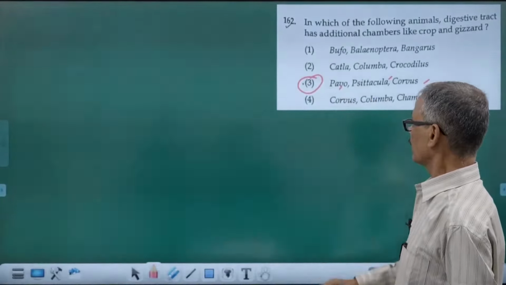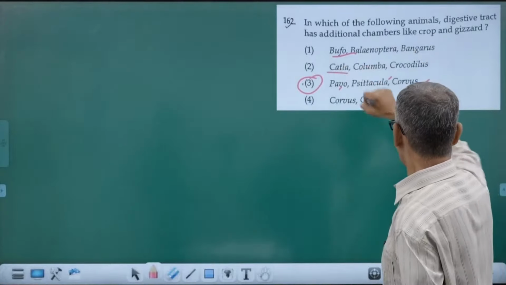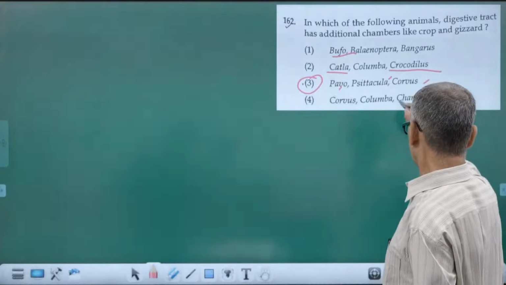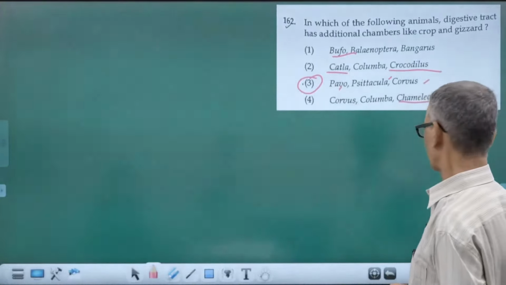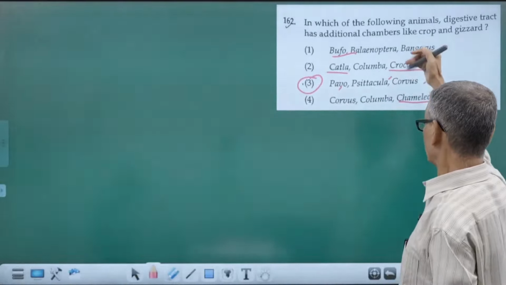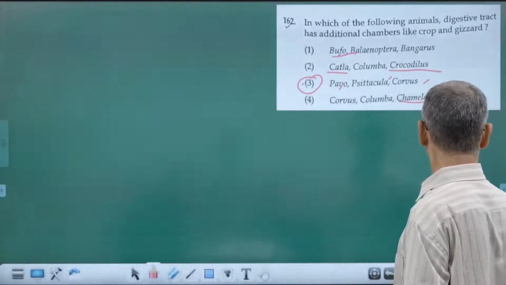So, that is the correct one. Before, amphibia, Catla, fish, crocodile, reptile, okay, and chameleon, reptile. So, we don't have all the other groups entirely of birds. Only 3 is the correct one.